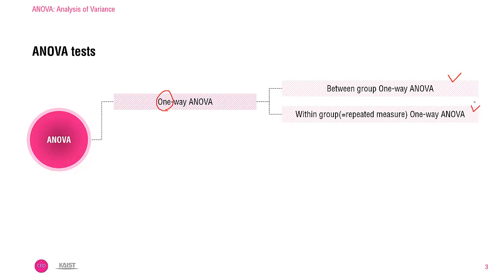When there is no illustrative word in front of ANOVA, ANOVA alone automatically or typically indicates the between group one-way ANOVA test. And one of the powerful potential of ANOVA test is that ANOVA test is an expandable statistical technique.